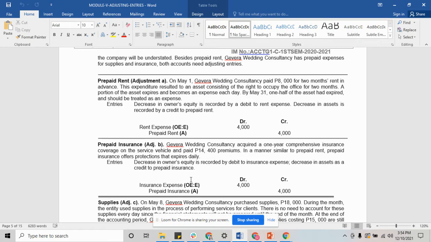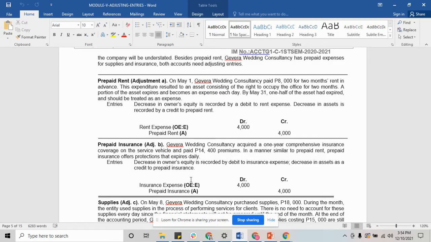So kung 14,400 ang premium na binayaran niya at 1 year yon, ibig sabihin every month merong nag-expire na 1,200 pesos na insurance, or yun yung nagagamit mo for a month.